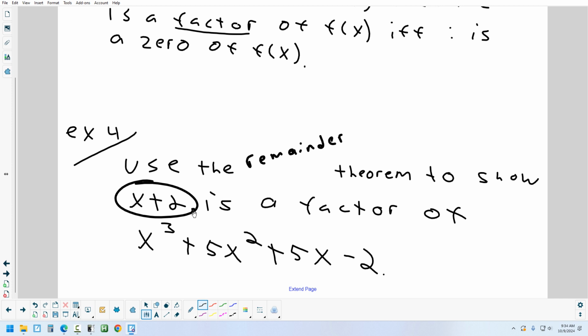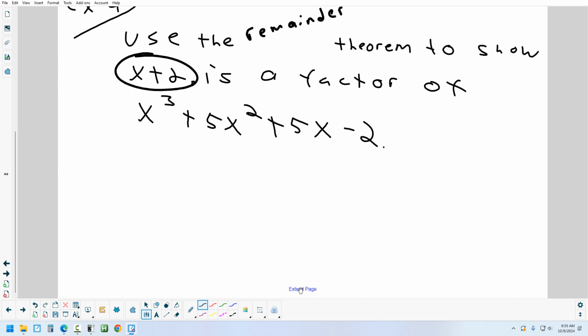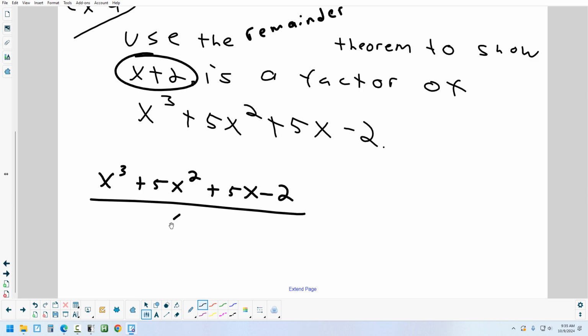Now, do we have a quick way to get a remainder without finding the quotient? Yes. So that's what we're going to do. We're not worried about the quotient, just the remainder. So we've got x cubed plus 5x squared plus 5x minus 2. Now the only problem is it's supposed to be x minus a number.